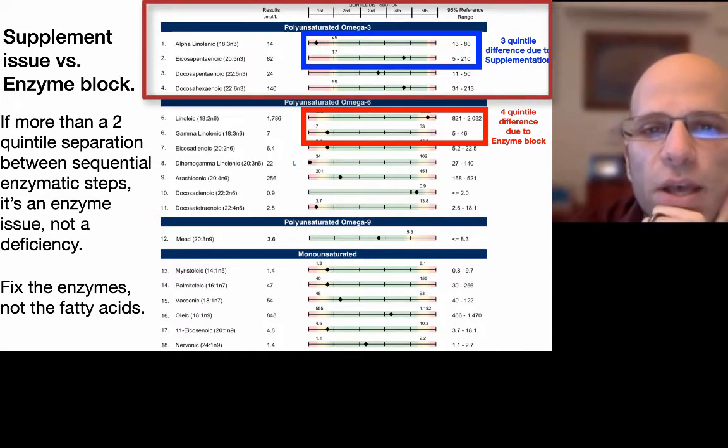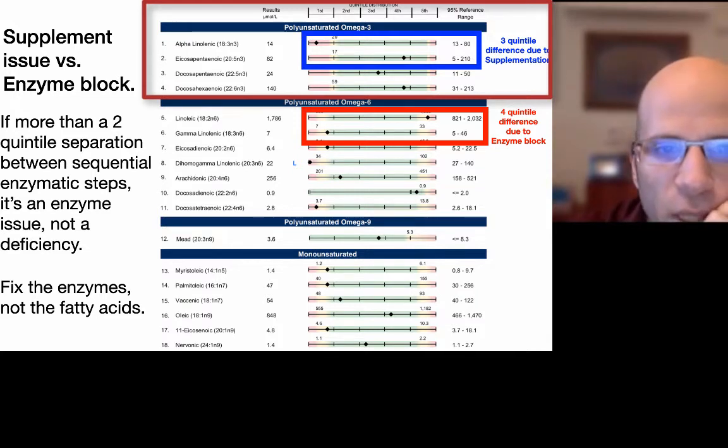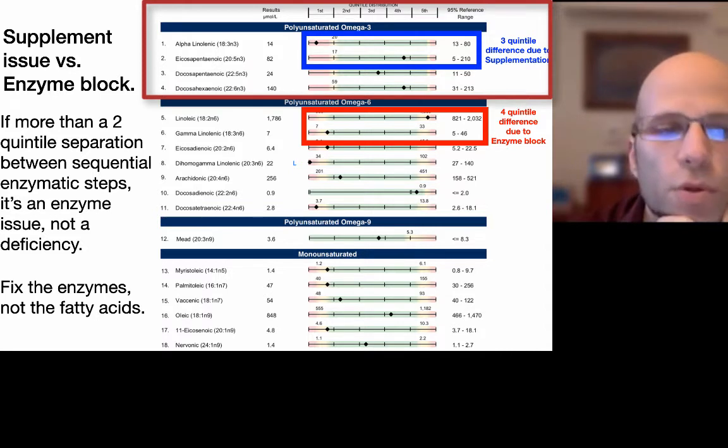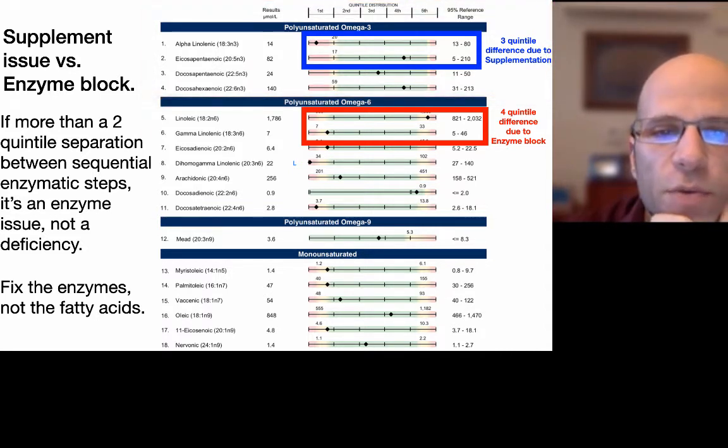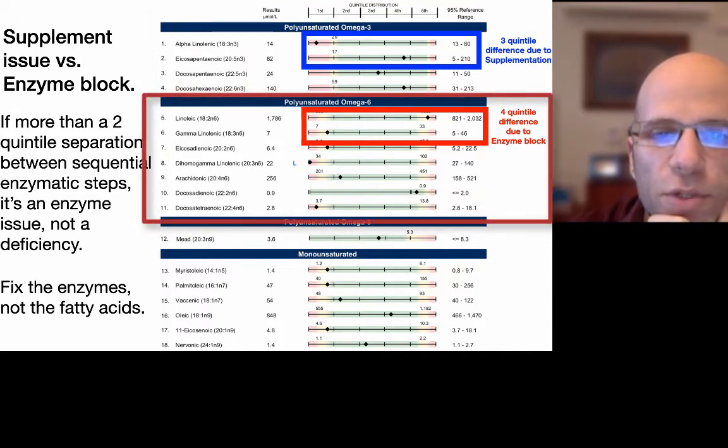This shows ALA in the first quintile, EPA in the fourth quintile, DPA in the third quintile, and DHA in the fourth quintile. And then you have LA in the fifth quintile, GLA in the first quintile, then DGLA here that's low, arachidonic in the second, and then marker 11 in the first.